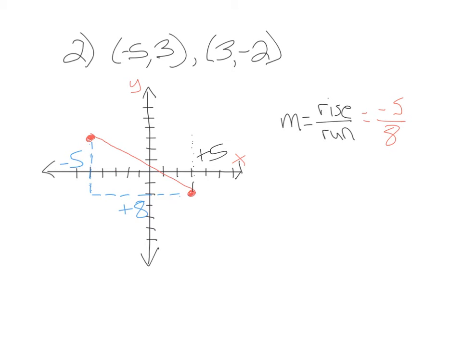I then could go to the left to reach that point. Going left, that's a negative movement, so that would be -8. So your slope could also equal 5 over -8. They're both equivalent because there's just a negative on one of the numbers. So in this example, our rate of change, or our slope, is -5/8.